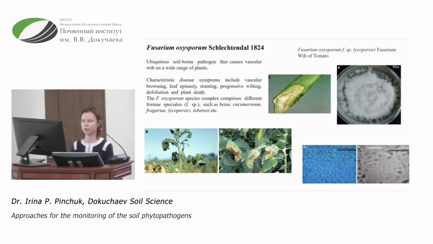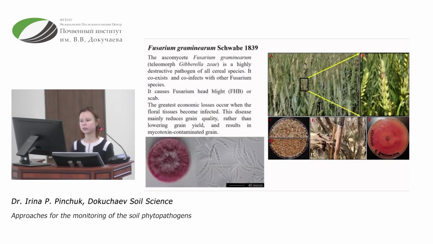It's a soil-borne pathogen which causes wilts in a wide range of plants, and according to the knowledge, there are strains of oxysporum which are specific to some species of plants, and for this scientists made different formae speciales, like betae, cucumerinum, fragariae, and so on, and also tuberosi, which are named according to the plant which this Fusarium oxysporum attacks.